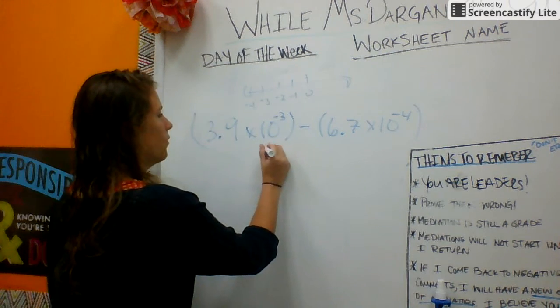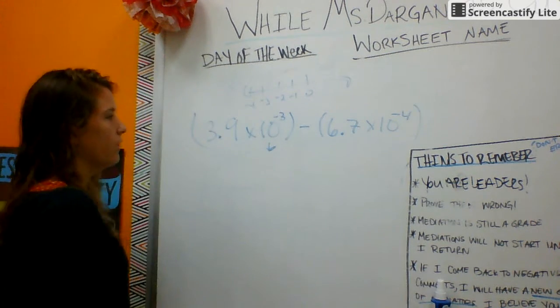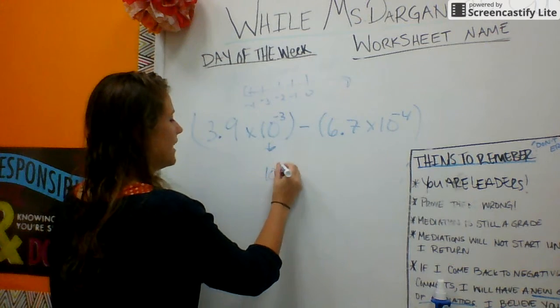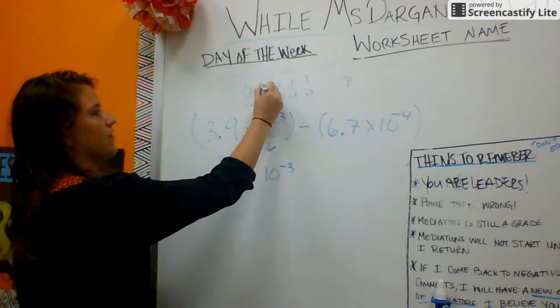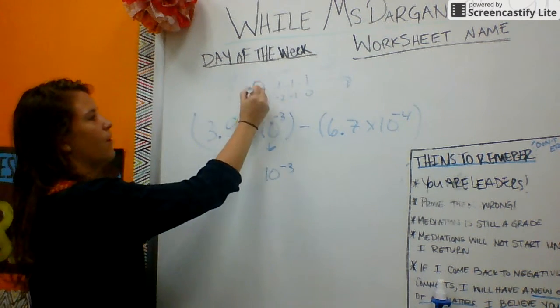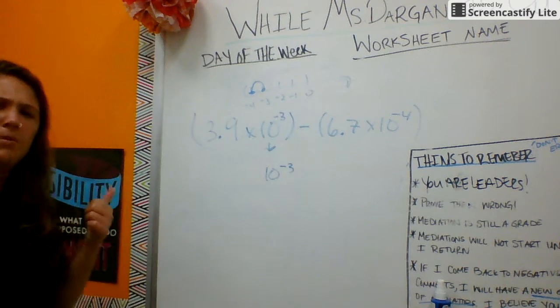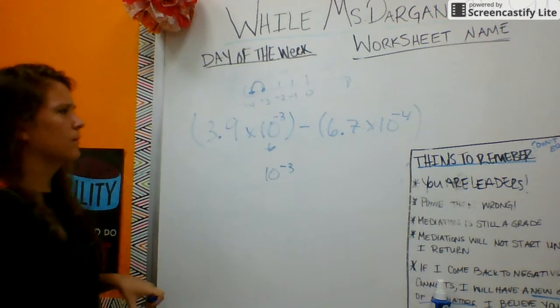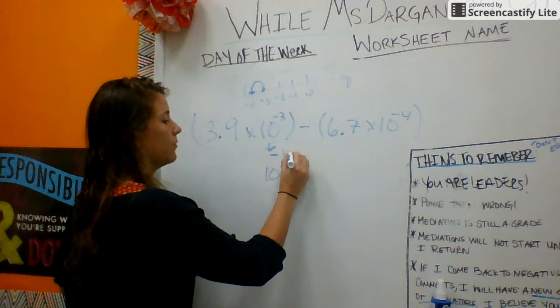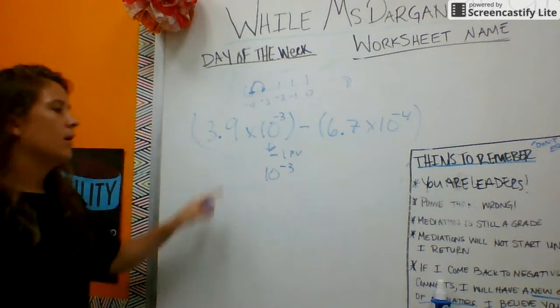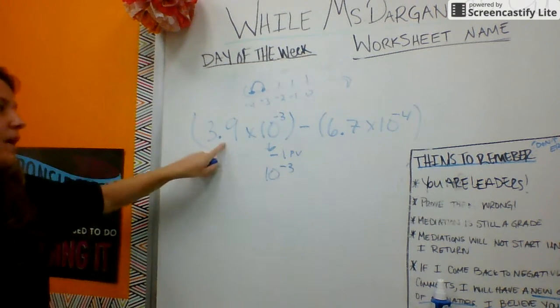So we're going to change both of these to the negative fourth. If I go from 10 to the negative third, which is right here, to the negative fourth, did I go up a place value or down a place value? I went down one place value. So if I went down one place value here, I need to go up one place value here.